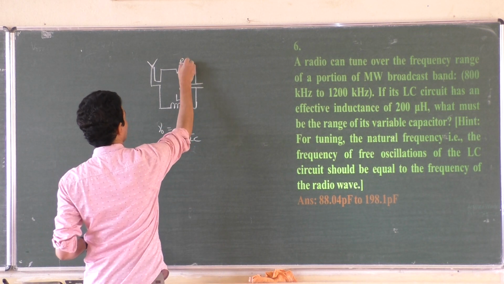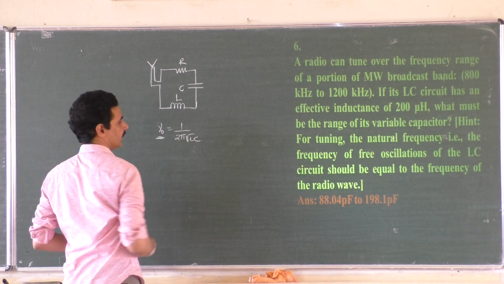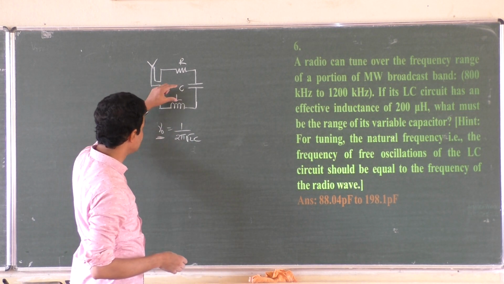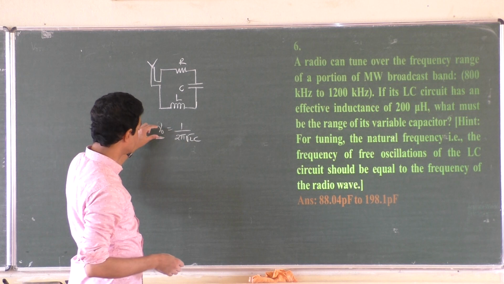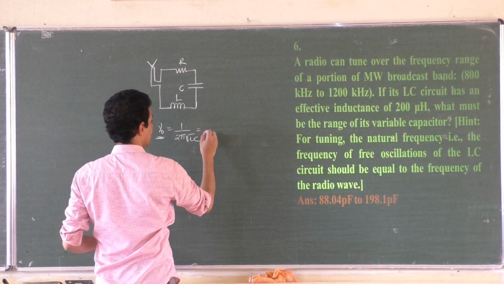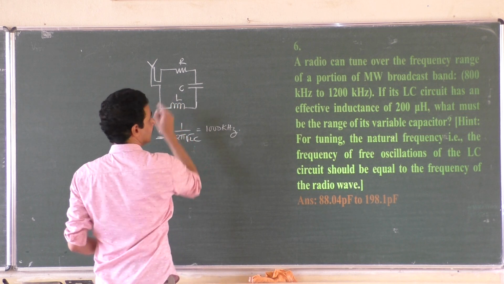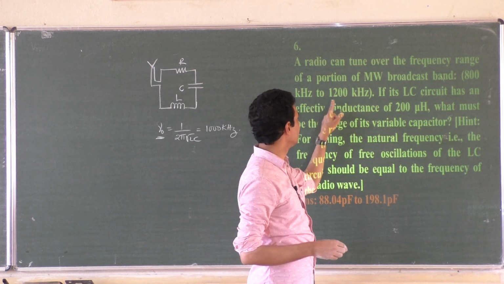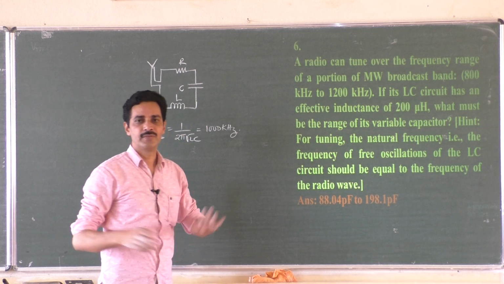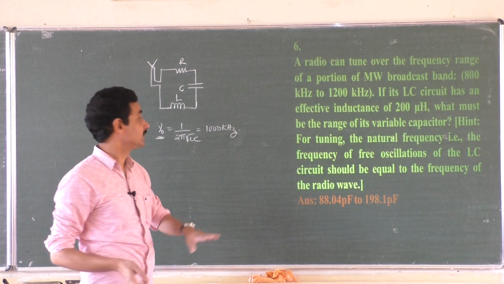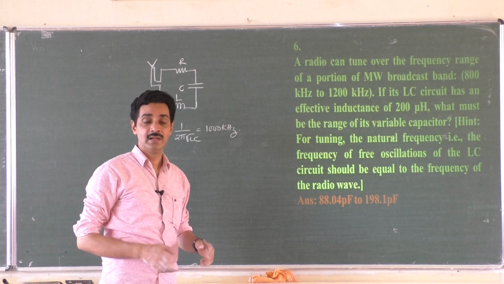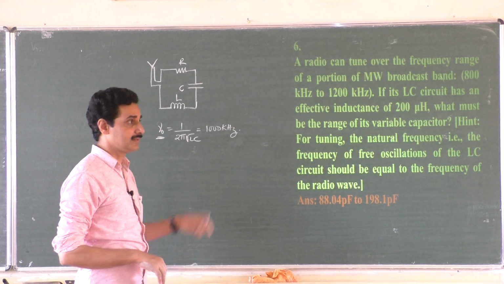L, C and R: suppose you calculate this L and C, substitute here and get the resonant frequency as, say, 1000 kilohertz, then that 1000 kilohertz frequency is received. Other frequencies are rejected because they are not the resonant frequency of that circuit. Current will be less. It is a highly selective circuit.